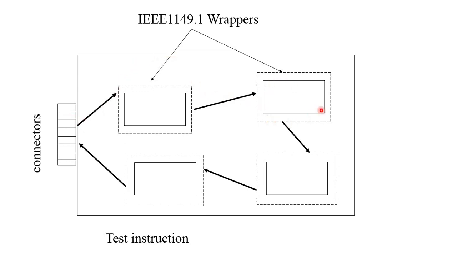If it is the instruction for this chip, what type of test is going to be done is decided by the test instruction. This test instruction is decoded in the wafers. So we can clearly see the wafers.